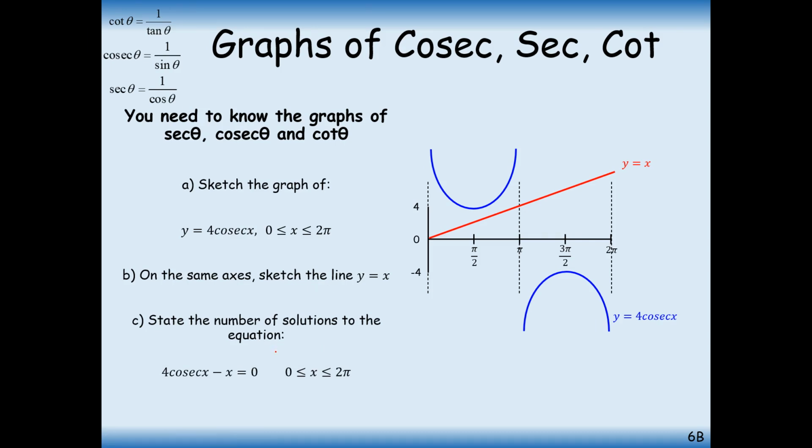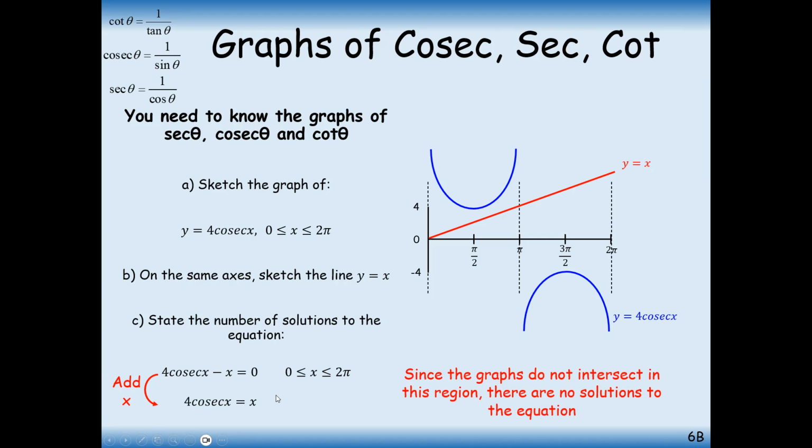Well, if we rearrange this equation, that's 4 cosec x equals x, and that's actually the graph that we have already plotted. So is there an intersection between the red and the blue lines? No, there isn't. So therefore, there is no solution to this equation.